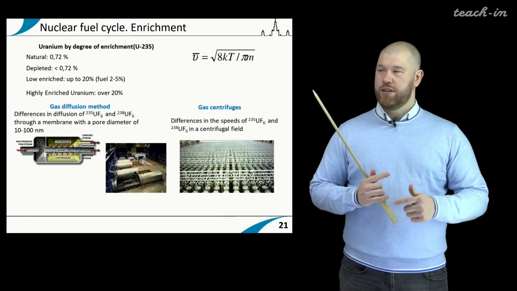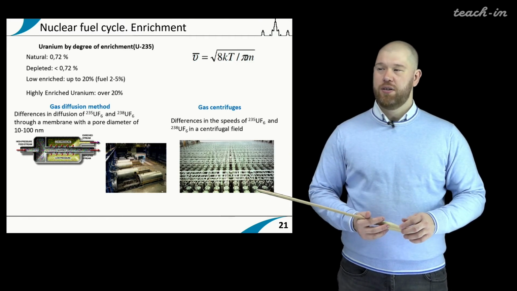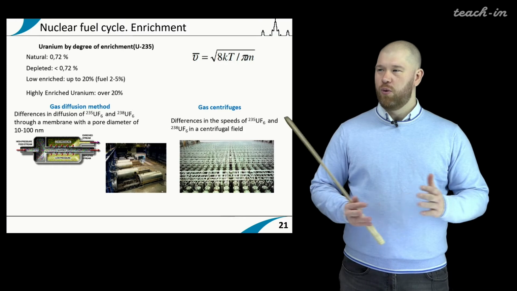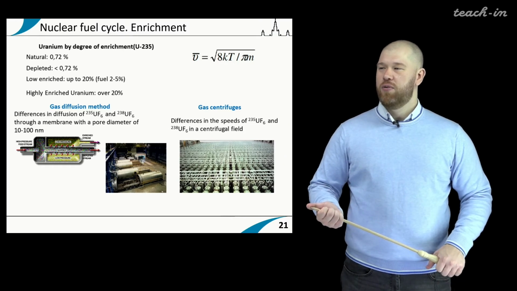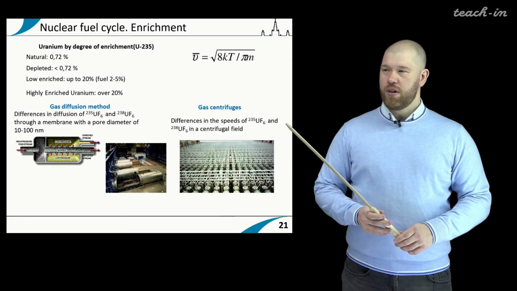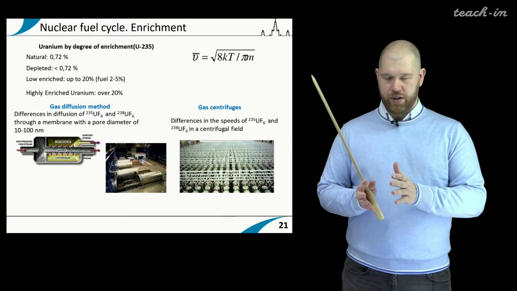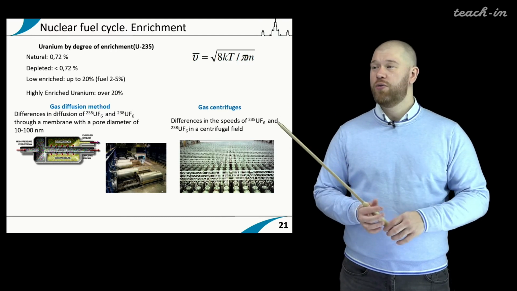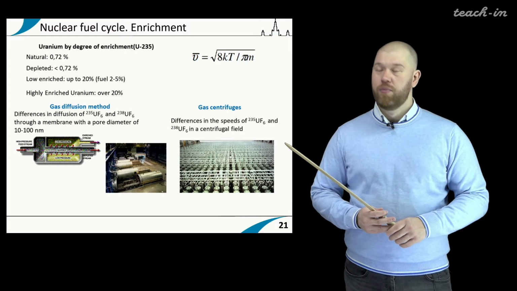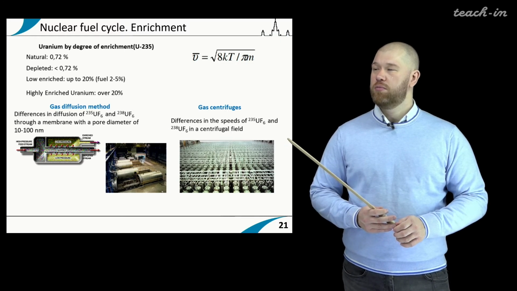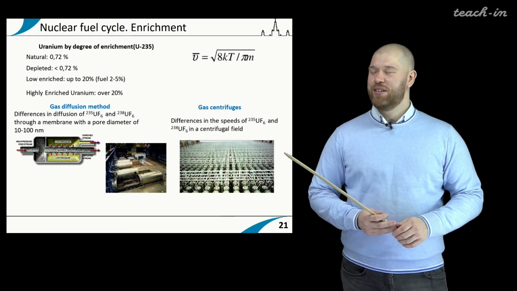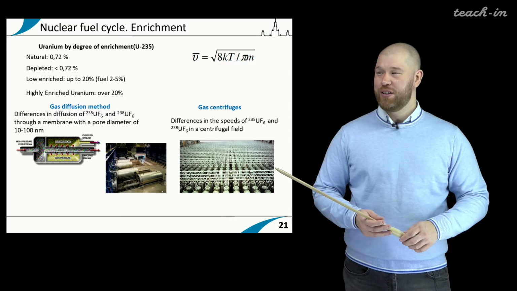As the centrifuge is rotating very fast, there is a very big gravitational force that is formed inside the centrifuge, and again the lighter the element, the closer it is to the center of the centrifuge, and the heavier molecule is located in another part of the centrifuge.